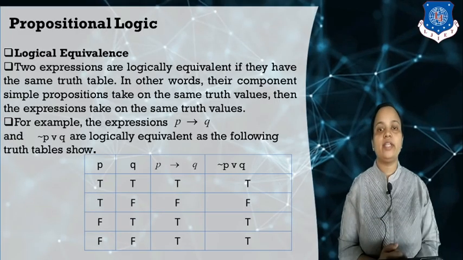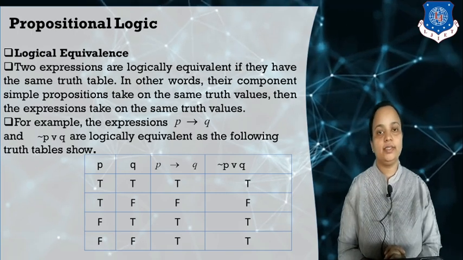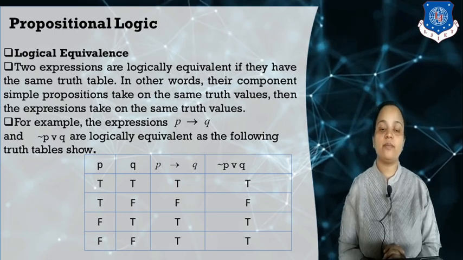Now these are the basic logical operators that we have discussed: conjunction, disjunction, negation, implication, and biconditional. Now we can see what logical equivalence is. Two expressions are said to be logically equivalent if they have the same truth table.